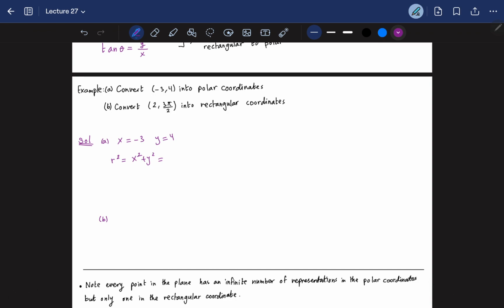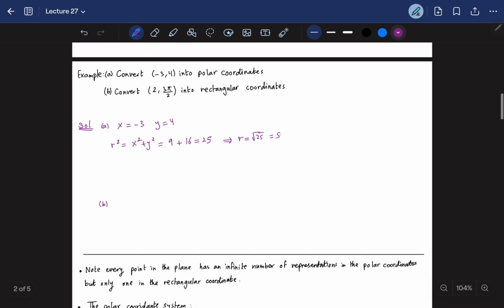So you're going to get -3 squared, so that's 9, plus 4 squared, that's 16, so 25. Now, r squared is 25, but I need to find the value of r by itself, so once you take the square root of 25, you get 5. Now here, r could be -1 and -5. We're going to talk about this fact in a bit. So now let's just take the positive value.